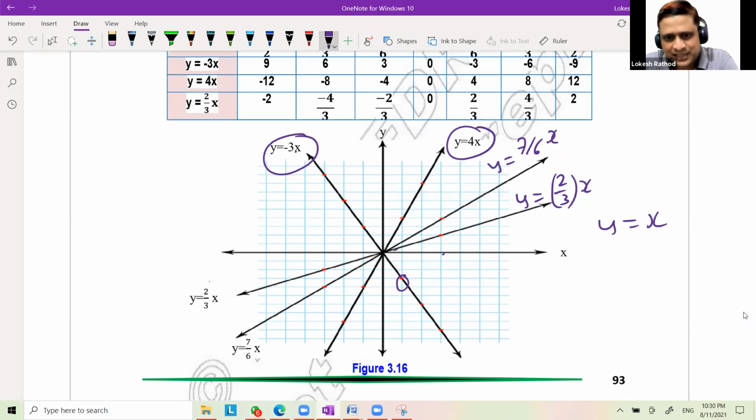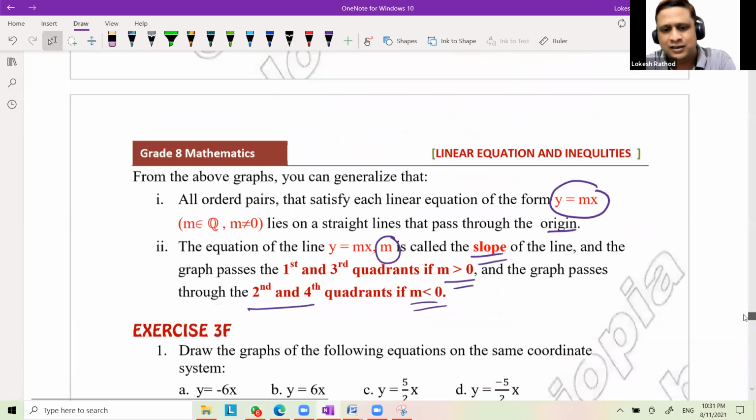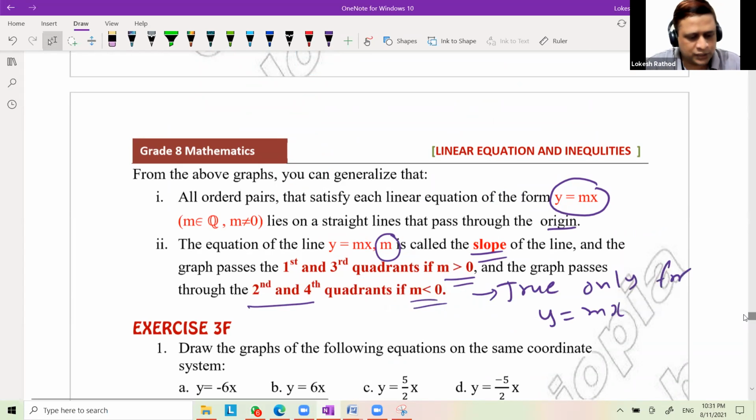And if it is decreasing like this, it passes through the second quadrant and fourth quadrant. But this property is true only for the line y equal to mx, that is, a line passing through the origin, and not for other lines. Correct?